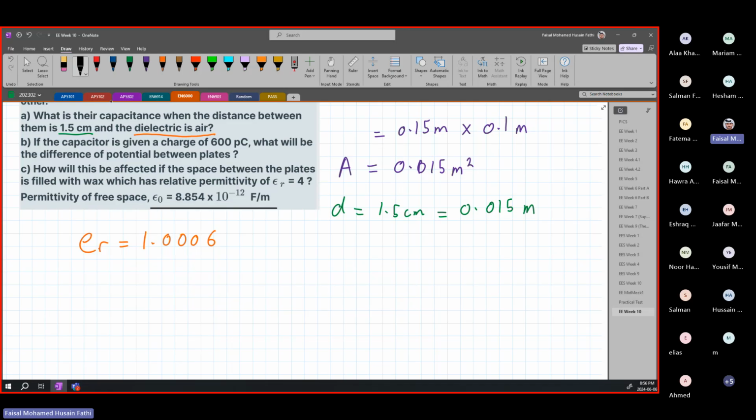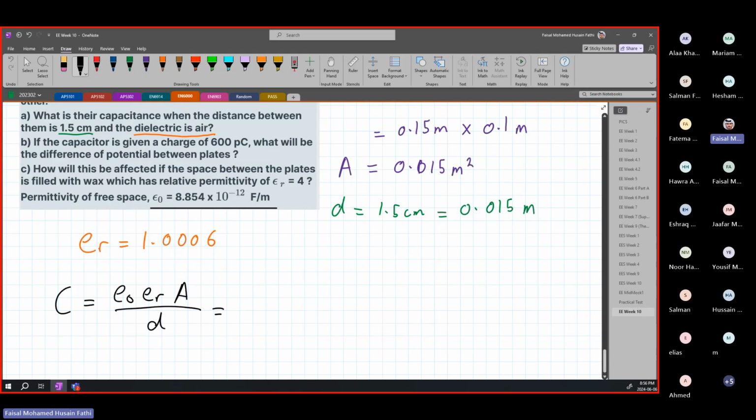E0, you will always have this given, is 8.854 times 10 to the negative 12. So what is your equation? C is equal to E0 ER area over distance.